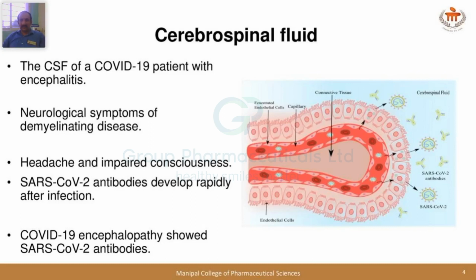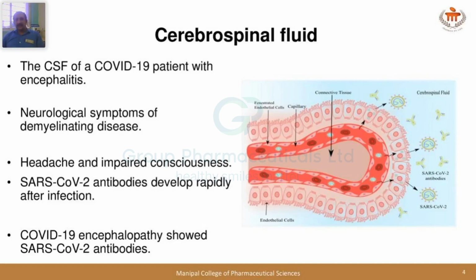The brain and the spinal cord are the essential parts of the central nervous system. The cerebrospinal fluid is an important fact which connects the peripheral nervous system with the central nervous system. The CSF is also a diagnostic marker to check any disorders associated with the CNS.